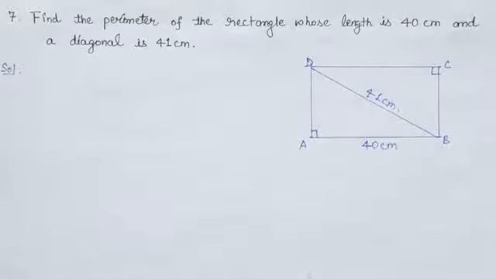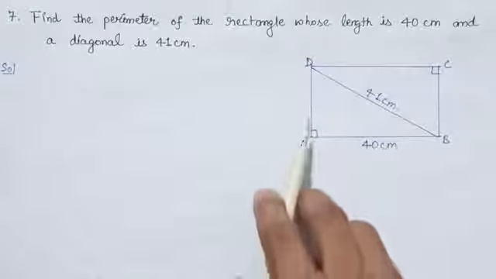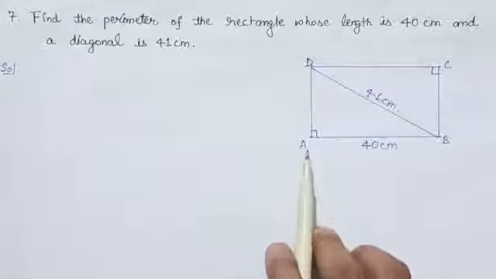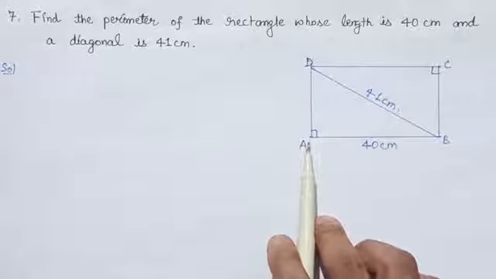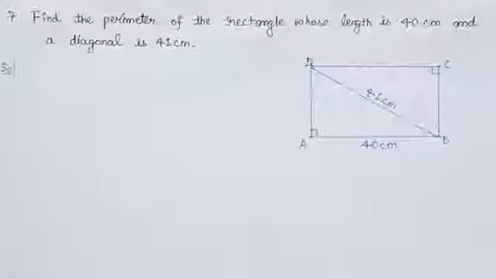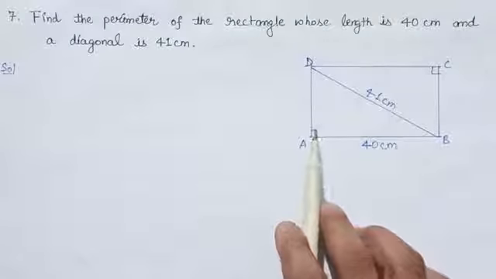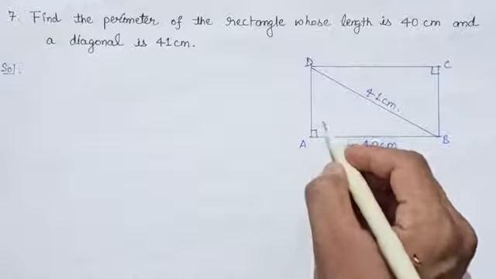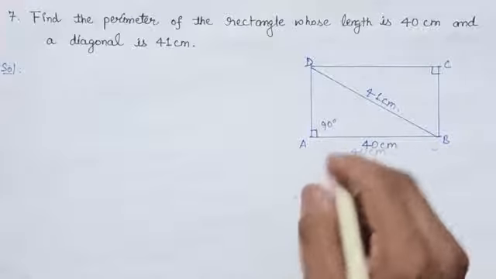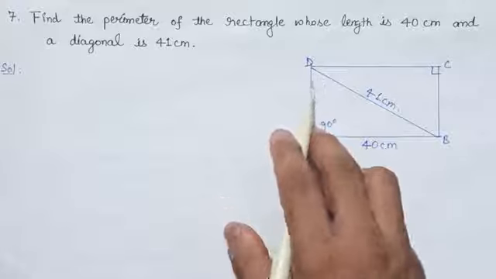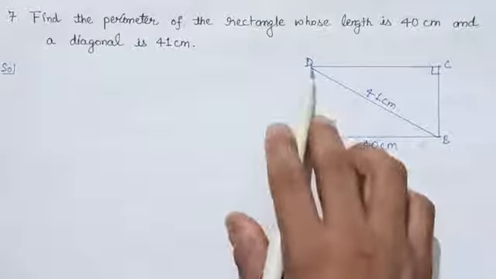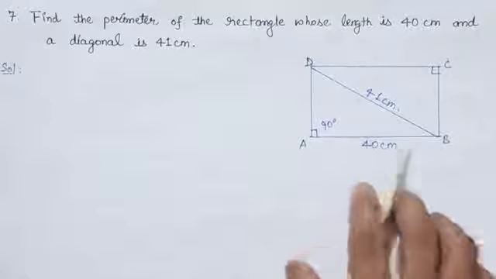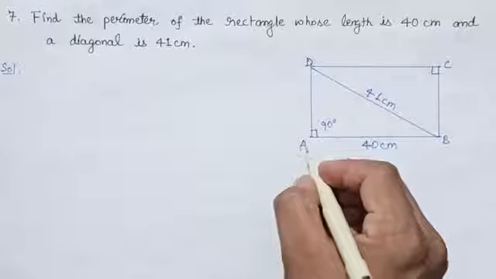Now here you can see that AD is the breadth of this rectangle. If we apply the Pythagoras theorem in triangle ABD, why? Because ABD is a right angle triangle. Angle A measures 90 degrees, so the side opposite to angle A is BD. Hence in triangle ABD, BD is the hypotenuse and the other two sides AB and AD are its legs.